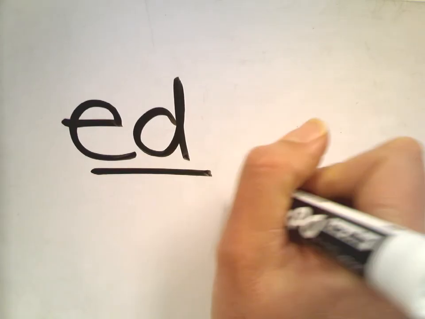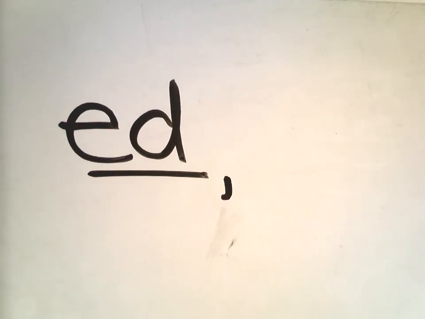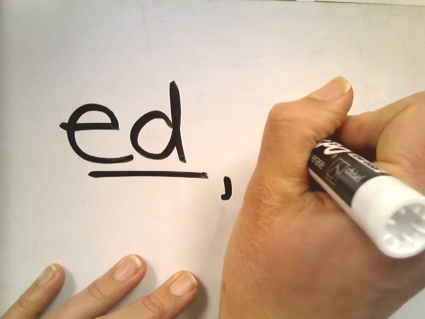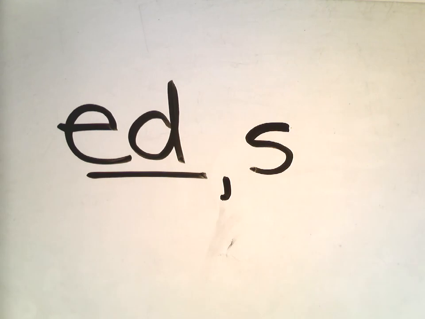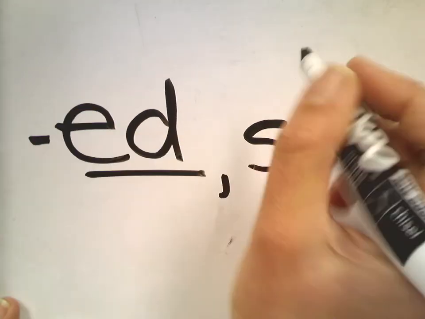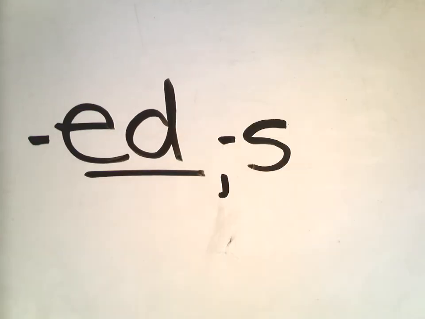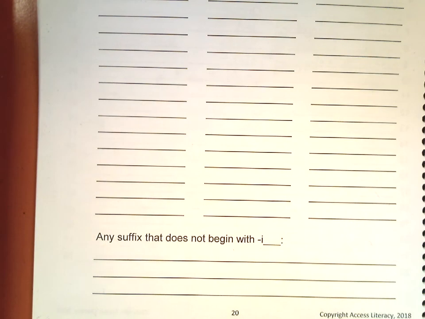And let's put a comma after that, because when we're going to make a list, we always separate the things in the list with commas. All right, and then let's go ahead and add this. Those are the suffixes we've been using with our Y exchange rule so far. Oh, and I like to do a little dash to show that it's a suffix. All right, this is a short little video class. Nice work. We'll have a couple more after it.